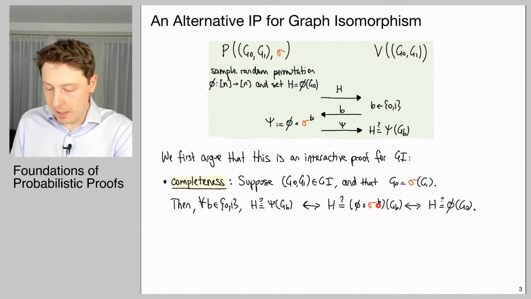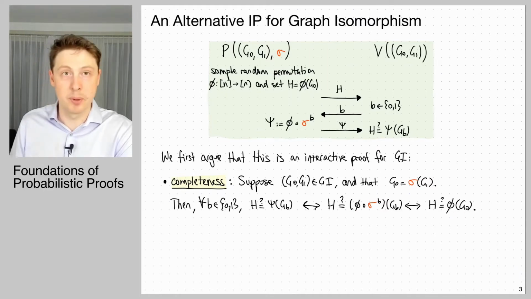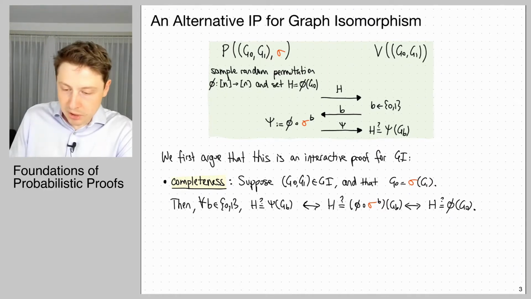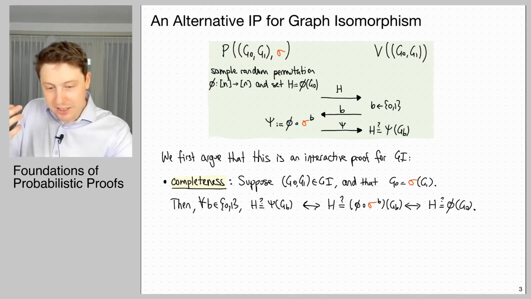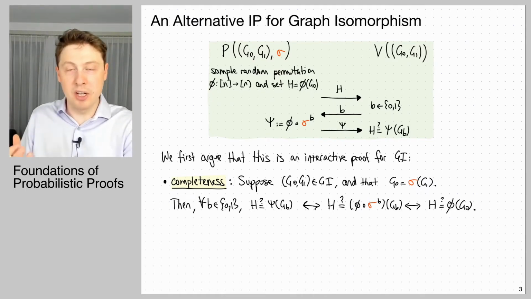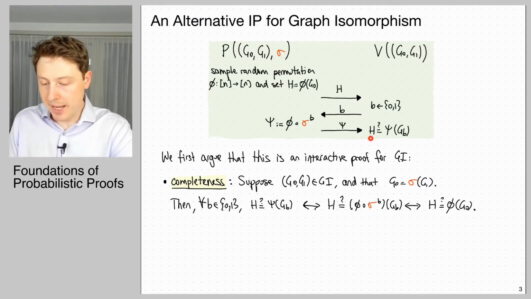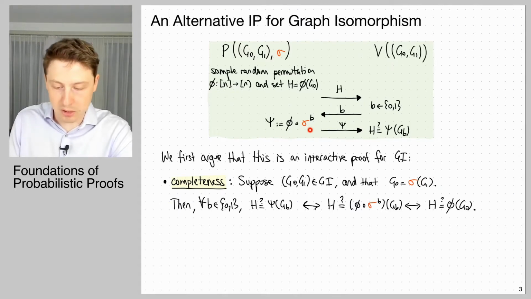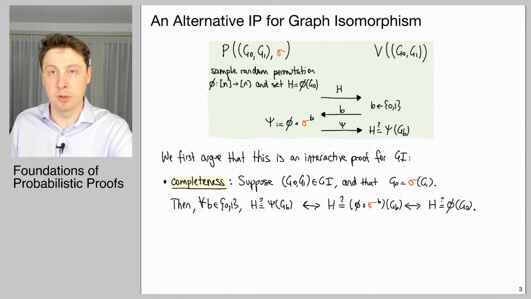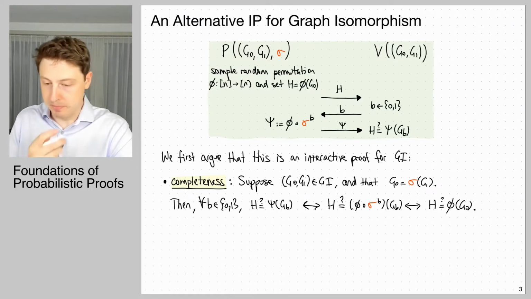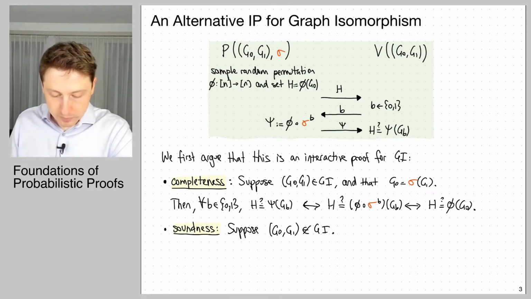Otherwise, when B is 1, sigma applied to G1 is G0, and then we again have phi of G0, okay? This is just notation for saying that if indeed the two graphs are isomorphic and the verifier wants to connect H to G0 or G1, then the prover can always do that. And this is the particular way in which he's going to do it. Okay? All right, so nothing too surprising there.